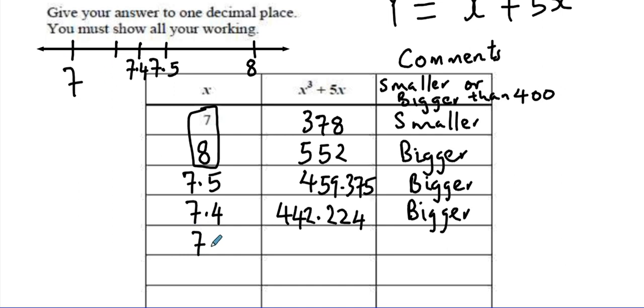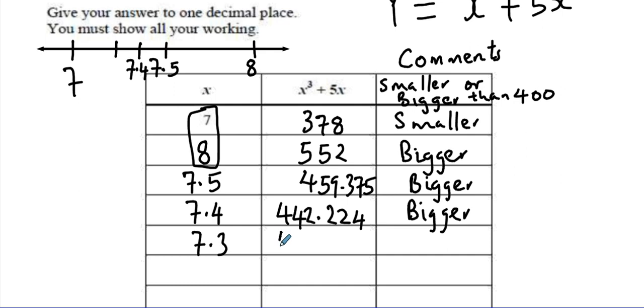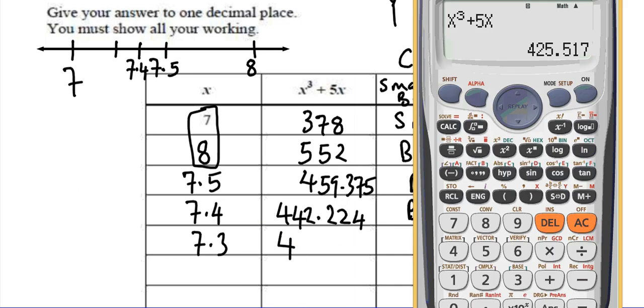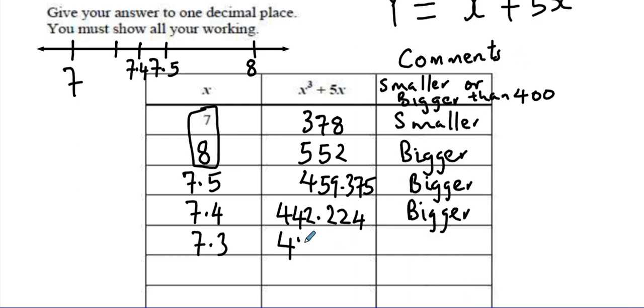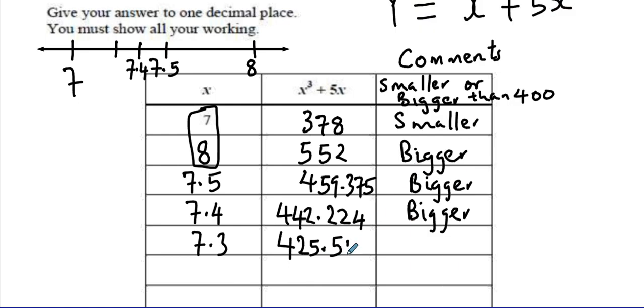Try 7.3 here. We are getting still bigger, 425.517. This is still bigger than 400.